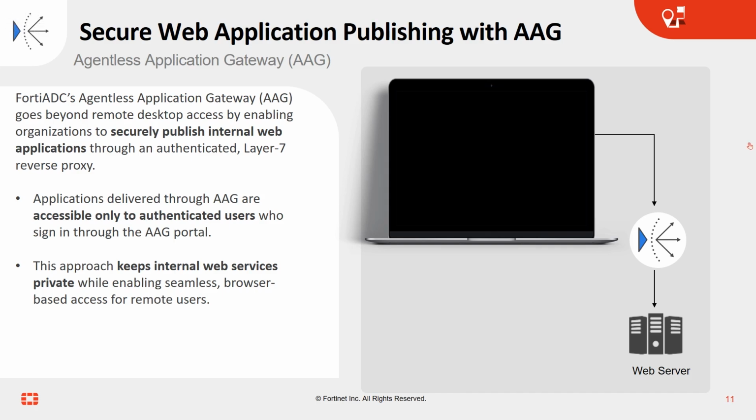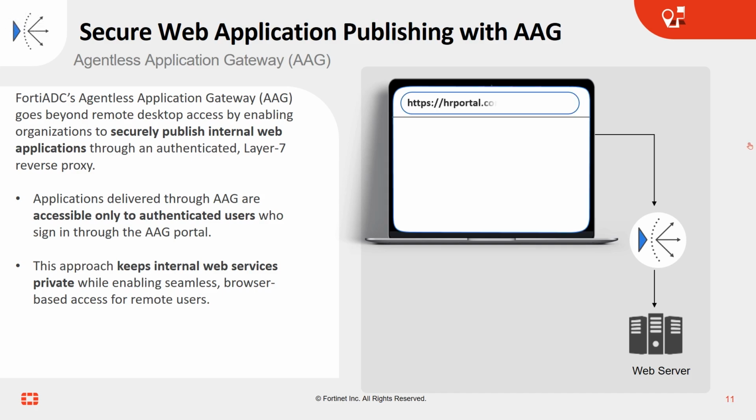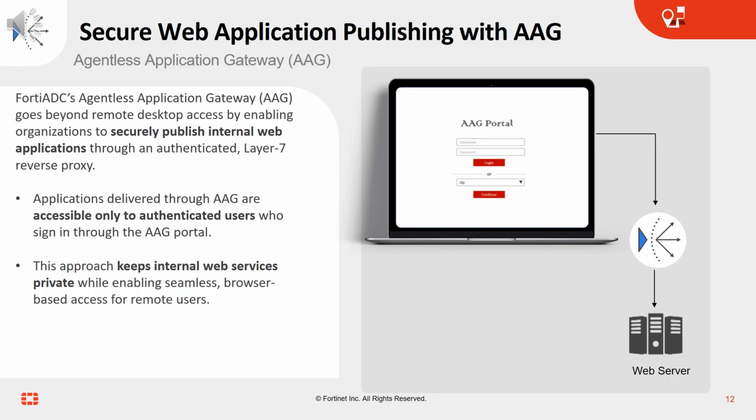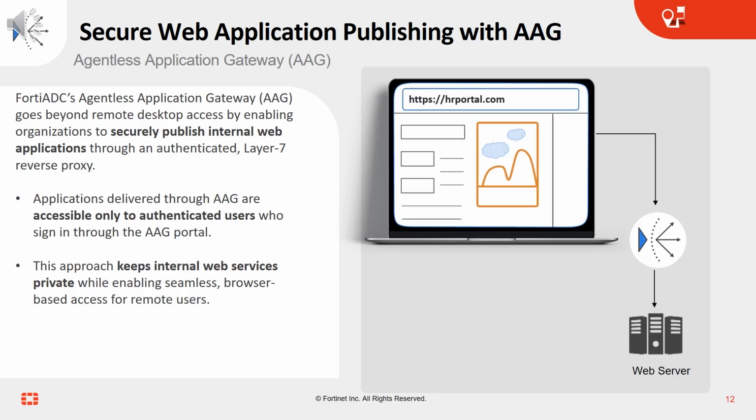If a user enters the application URL directly in the browser, AAG automatically presents the login page first. After successful authentication, the user is redirected to the requested application. This approach keeps internal web services private while enabling seamless, browser-based access for remote users.